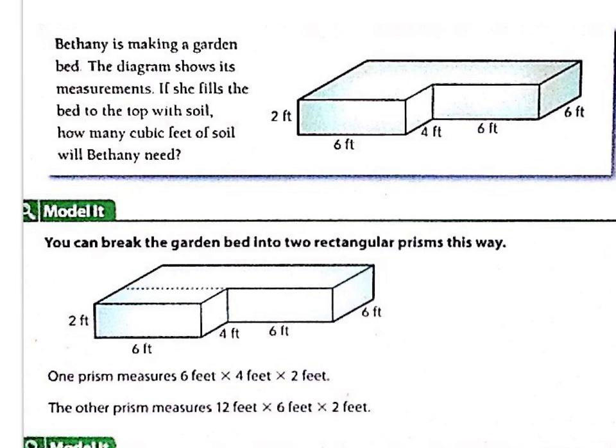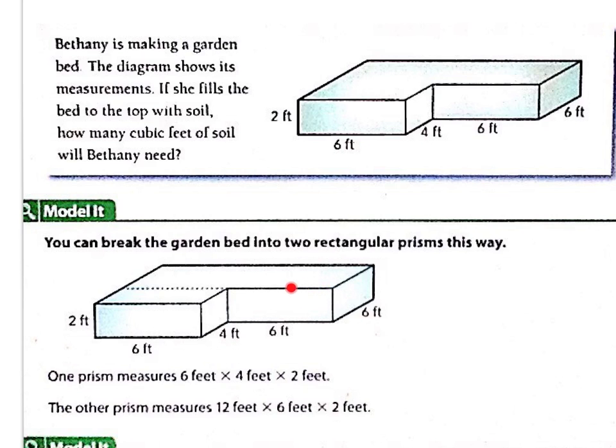The second prism, okay, when you look at the length, not only does it just go to here, but it goes all the way to the end. Look, it starts right here and goes all the way to here. So it's more than just this 6 feet in length. Remember, the length of this was 6 feet too, so we basically put these two together.